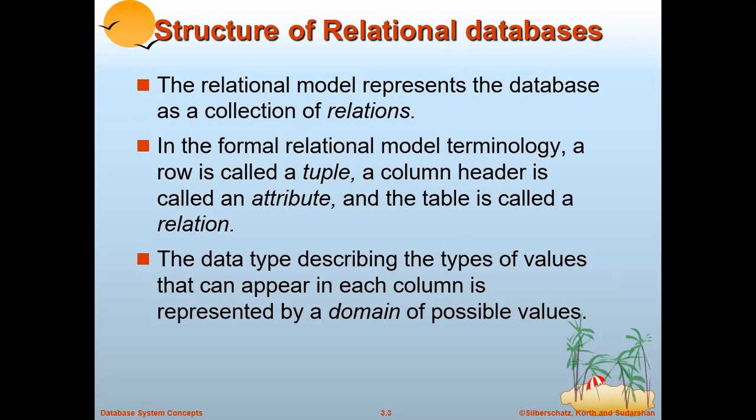In the formal relational model terminology, a row is called a tuple and a column header is called an attribute. So this is a two-dimensional table. One is an attribute as a column and one is a row as an entire tuple. And this table is called a relation.